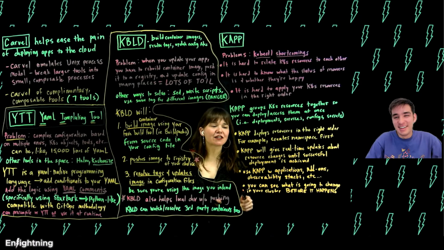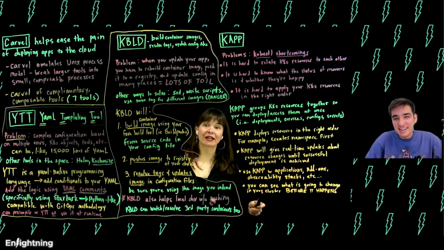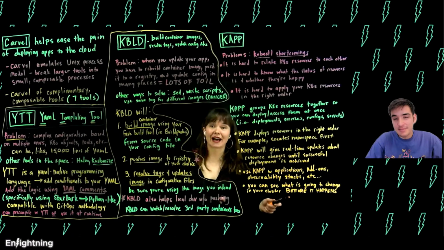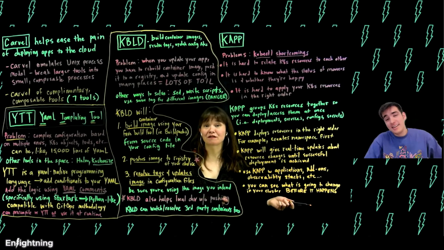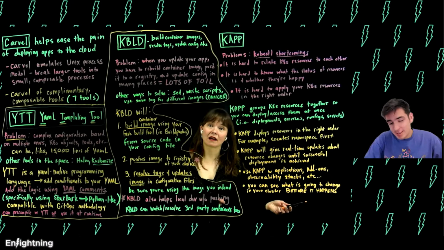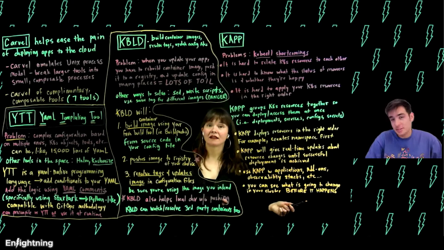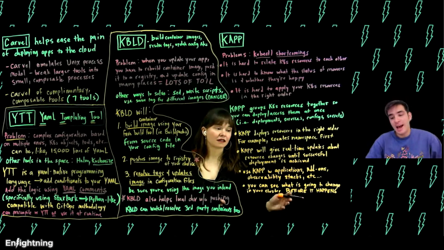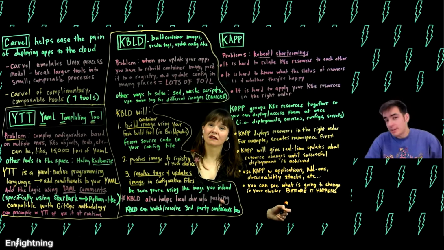So you can also see CAP will show you what's going to happen in your cluster before it happens, which is especially good for third-party stuff. There's even an option where you can ask for the full text diff between the objects. If you're using CAP to update an application or an add-on, you can ask, hey, can you give me the difference as well?